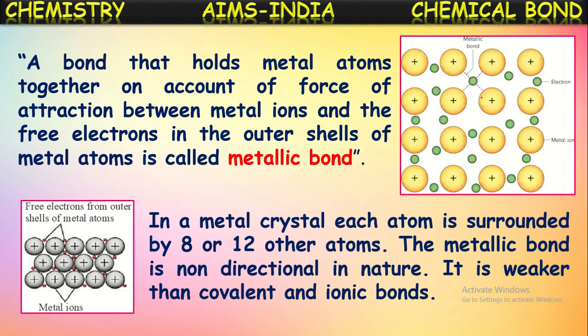Hence it is said to be non-directional, whereas covalent and coordinate compounds are directional bonds. Metallic and ionic bonds are non-directional in nature. And it is just an attraction between the metallic ions and valence electrons of these free metal ions. As it is just attraction between them, it is weaker than covalent and ionic bonds.